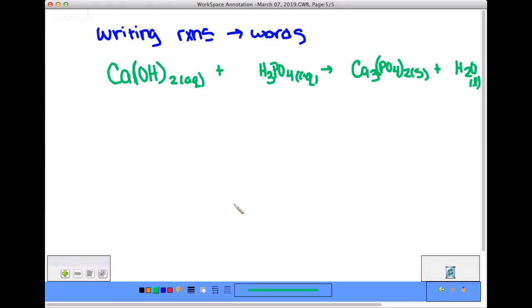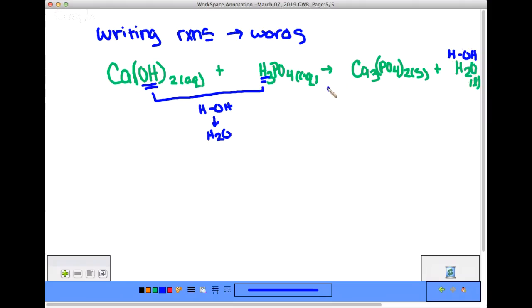Okay, so first let's balance this reaction. When we're balancing this reaction, notice that we have OH and we have H. These two things together are going to produce water. So if we write this like that, that's the same thing as writing water. When I actually balance this problem, it makes a lot of sense to look at water as this instead of looking at it as hydrogen and oxygen. So I'm going to balance my reaction this way.